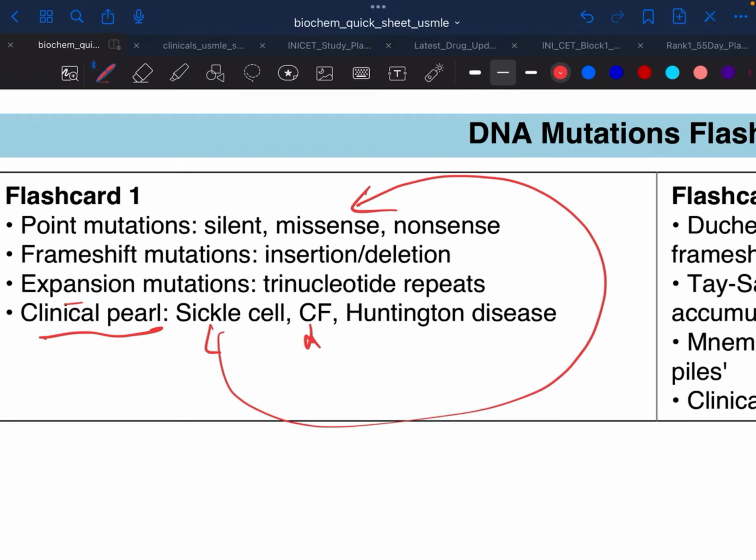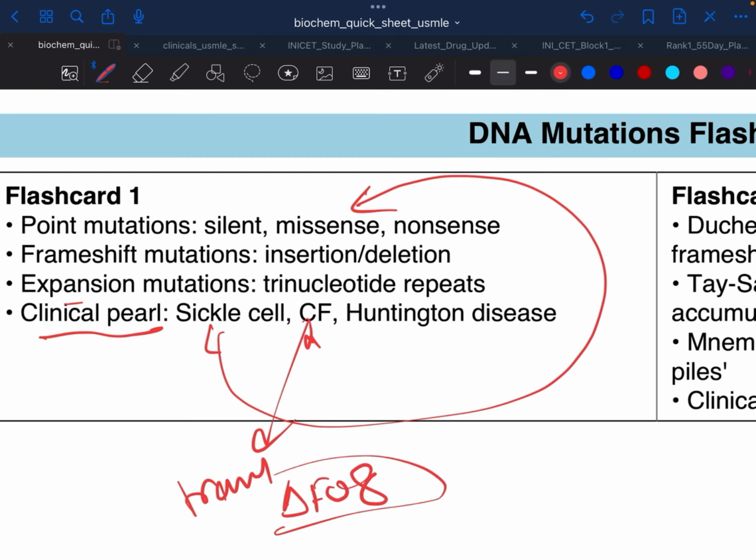This is our missense mutation. Okay, cystic fibrosis. In cystic fibrosis, what has happened? Alteration of a transport protein, like delta F508. Now this is a transport protein, and this can happen due to any frame shift mutation or a nonsense mutation, just like DMD. So cystic fibrosis is also a most important thing.